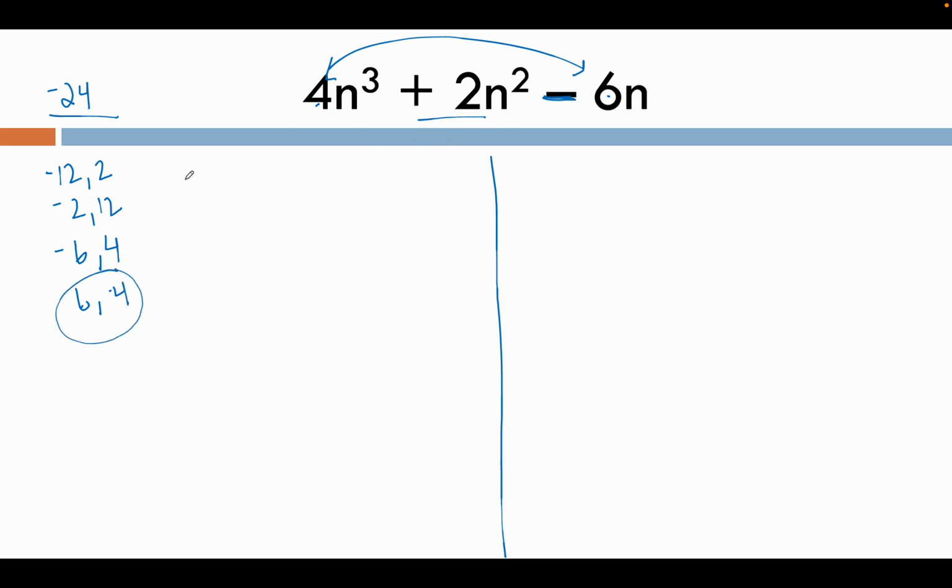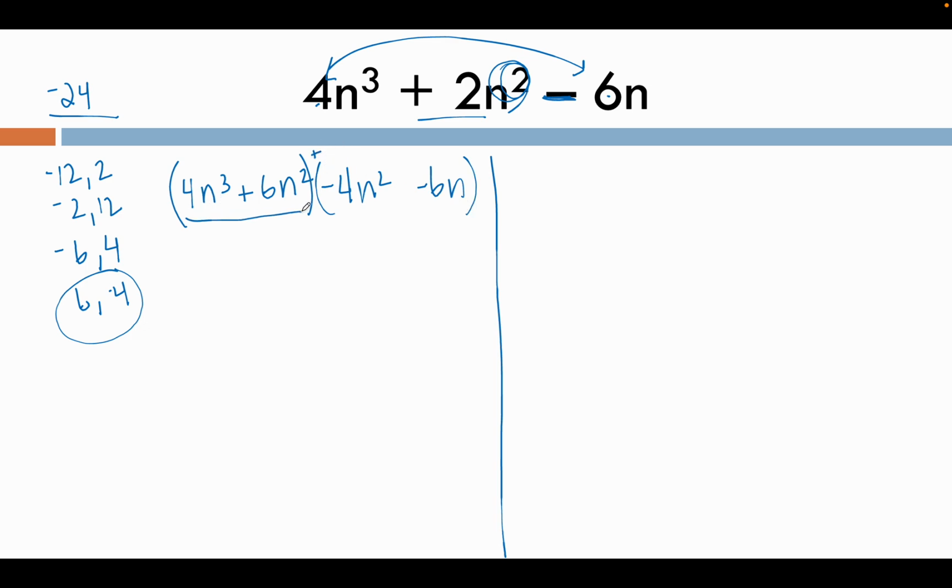So we'll split that middle term, 4n cubed plus 6n squared. Now these are squared, so we have to be careful with that. And then minus 4n squared, and then minus 6n. We group the first 2, group the second 2, put a plus in the middle.